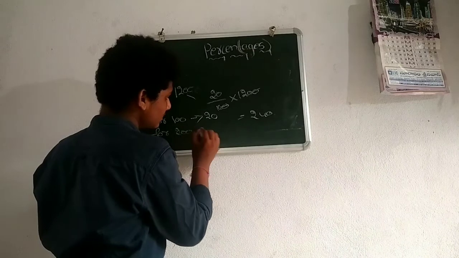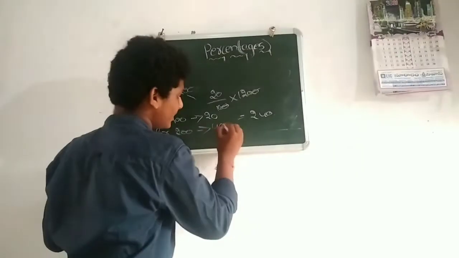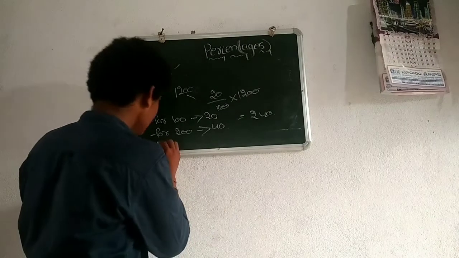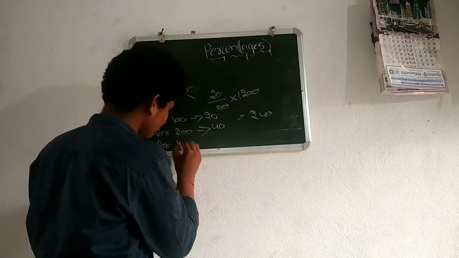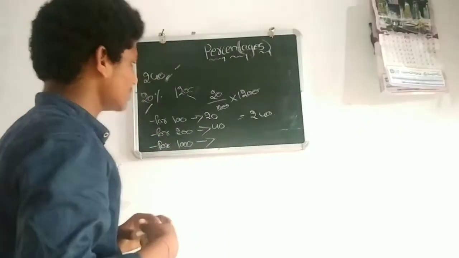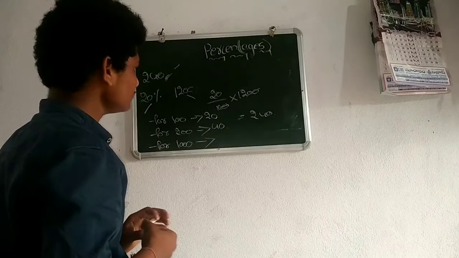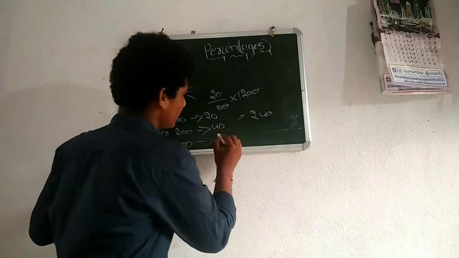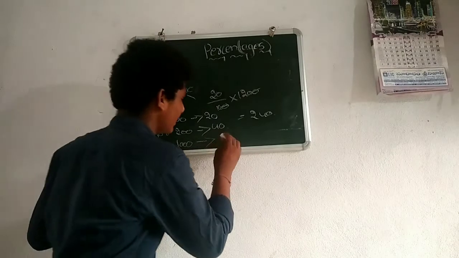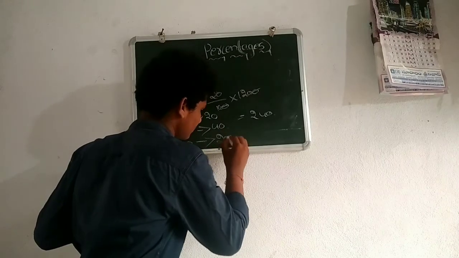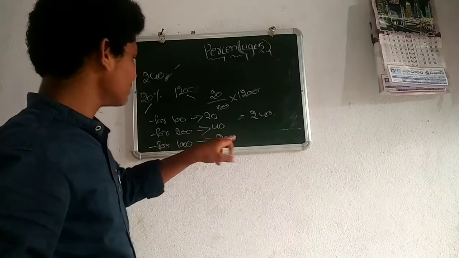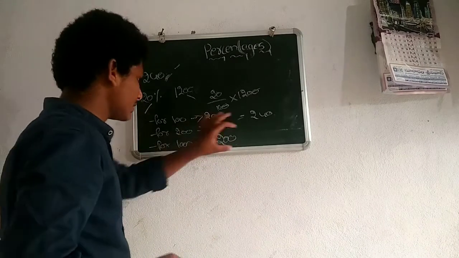For 200, 40. Okay. For 1000, think for 1000, we get 200.